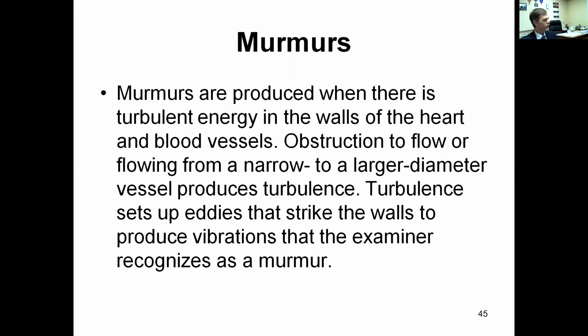What may vibrate in the heart more? Murmurs are produced when there is turbulent energy in the walls of the heart and blood vessels. Obstruction to flow or flowing from a narrow to a large diameter vessel produces turbulence. Turbulence sets up eddies that strike the walls to produce vibrations that the examiner recognizes as murmurs.